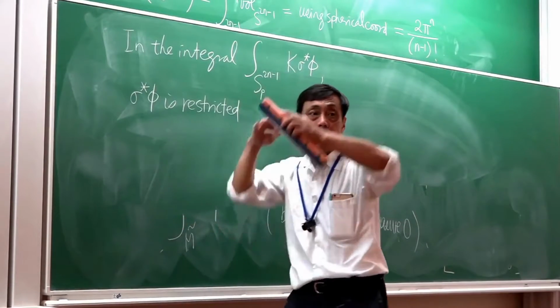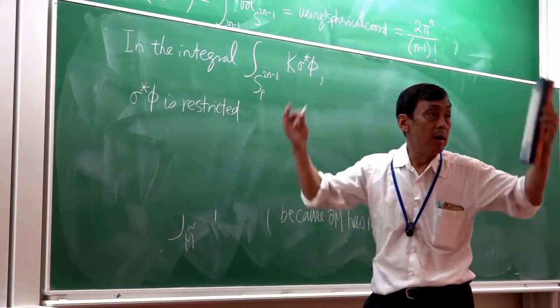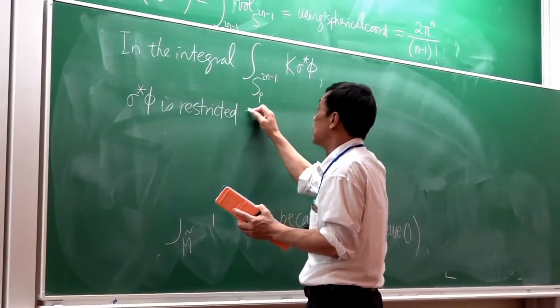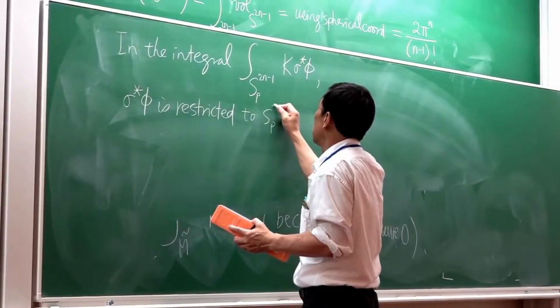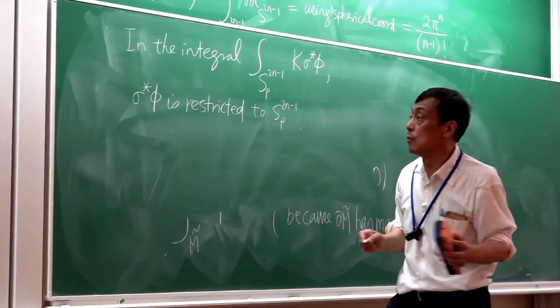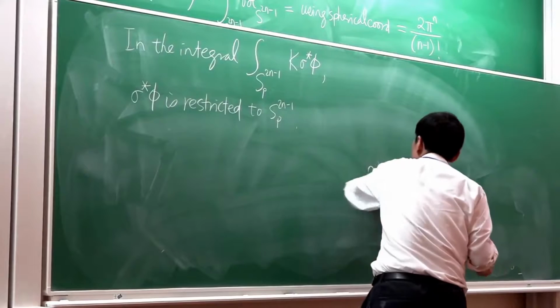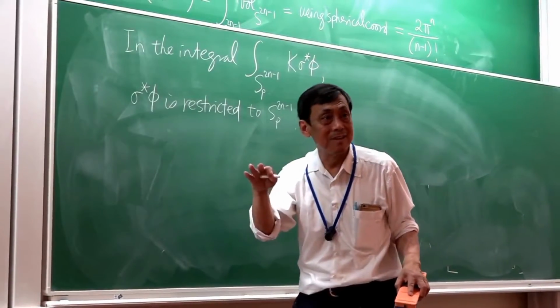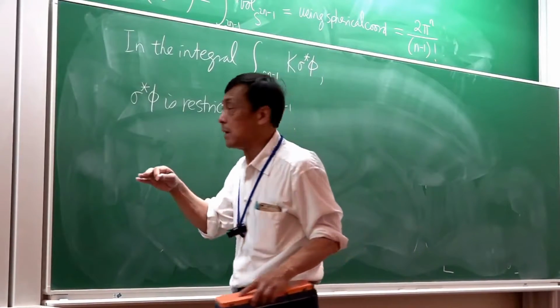You pull it back to the blow up, and then you restrict it to the sphere. In other words, restriction is the map induced by inclusion.